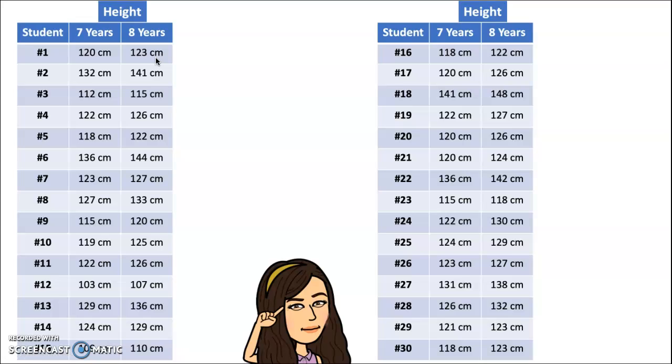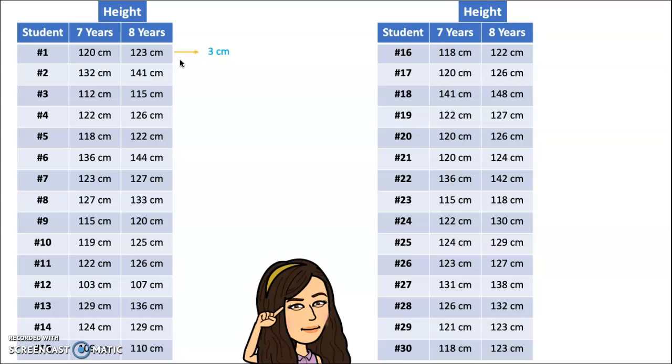So, how many centimeters taller is he now than when he was 7 years old? So the question is, what is the change in height? Well, if I start at 120 and I count up until 123, I would have 3 more centimeters. So student number 1 grew 3 more centimeters.